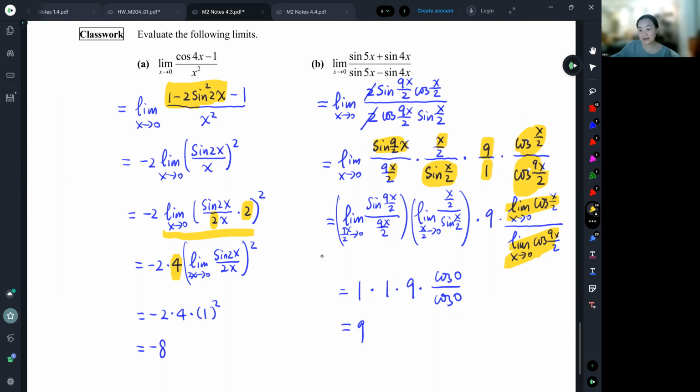So I can do that, and that will be fine. But the first two are special limits. Then I will have 1 times 1 times 9 times cosine 0 divided by cosine 0, and the answer is 9.